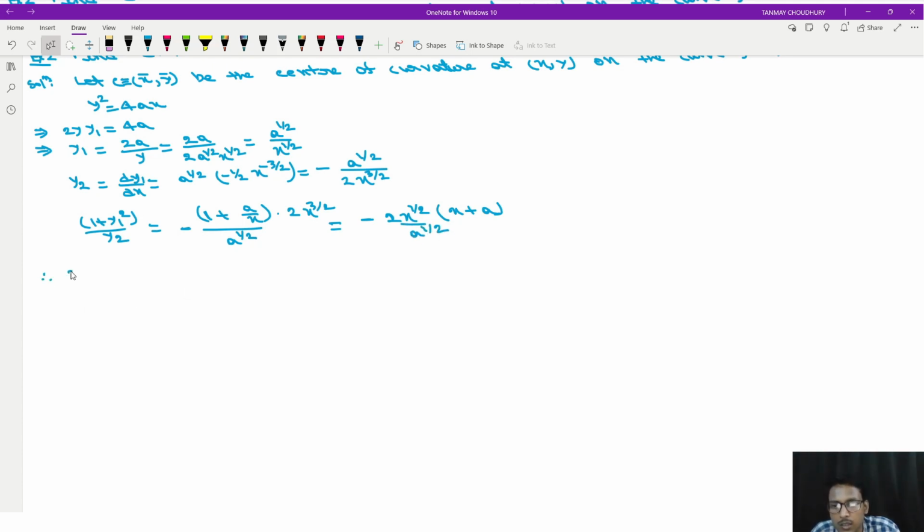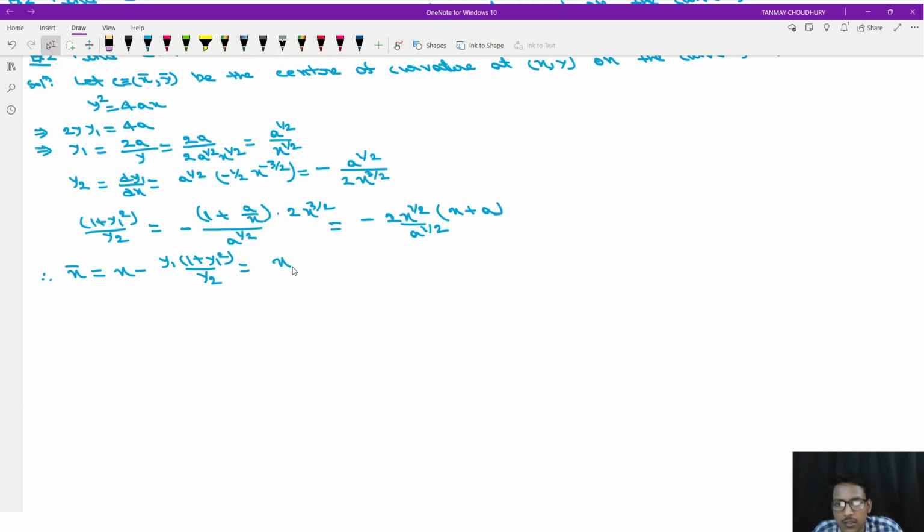Therefore x bar is equal to x minus y1 into 1 plus y1 square divided by y2.